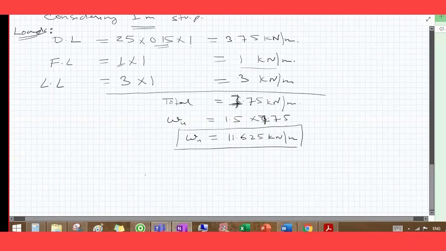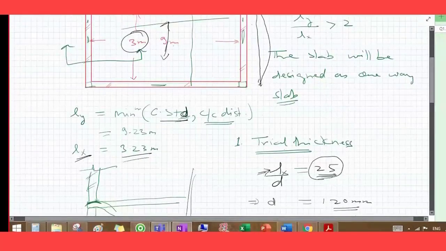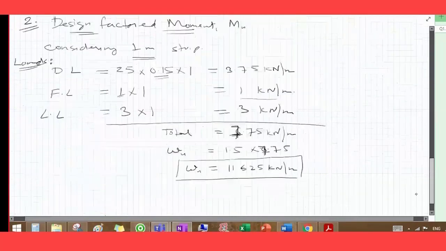Next, we'll be computing the effective span, because whatever effective span we had computed here, we had ignored this D because we did not know this D value. But now I can compute this effective span about X span, because bending is going to take place about shorter span.